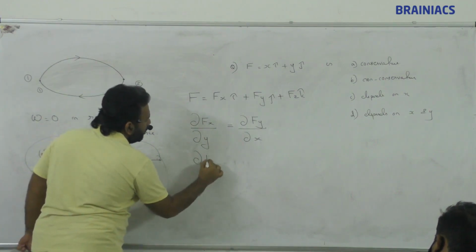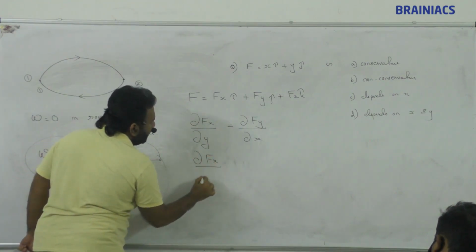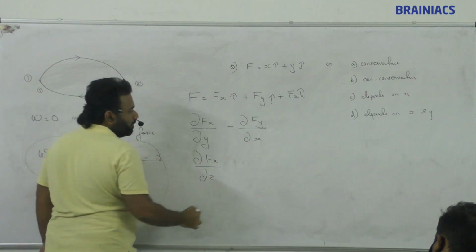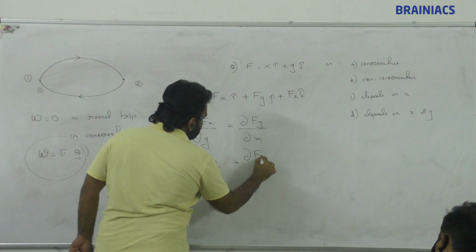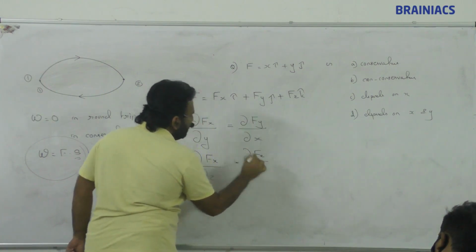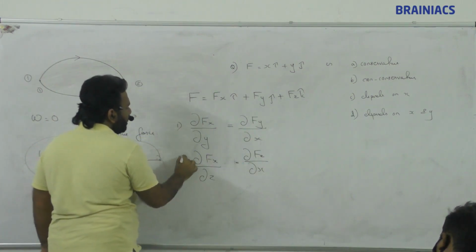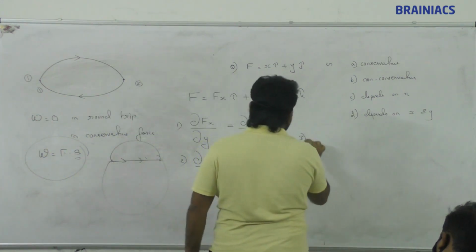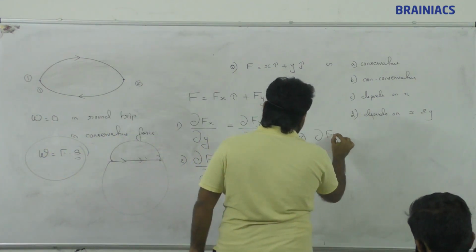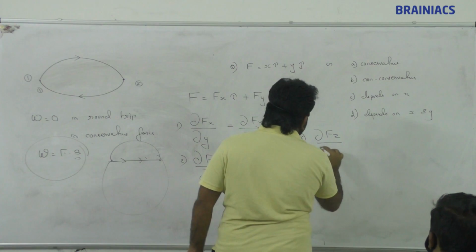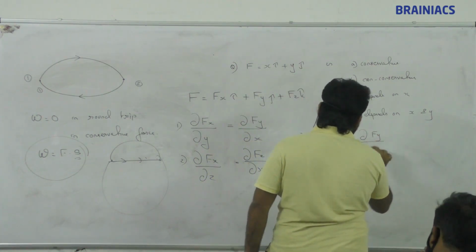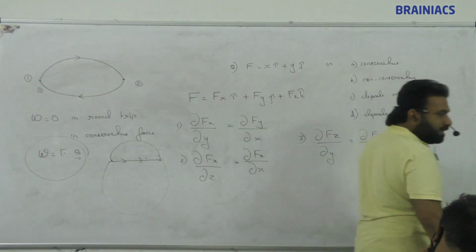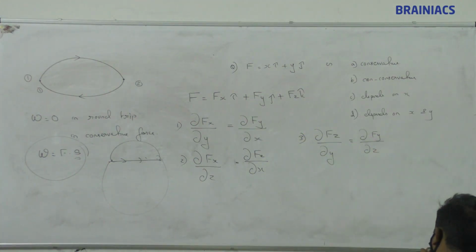Now dou Fx by dou z, if it is equal to dou Fz by dou x, number 1. Number 2. Number 3 is dou Fz by dou y is equal to dou Fy by dou z. If these conditions are met, then that is conservative. Otherwise it is not conservative.